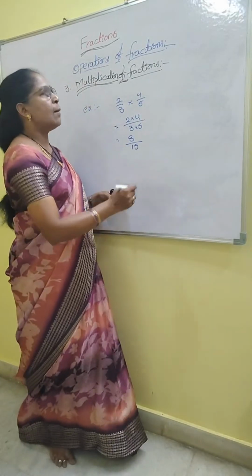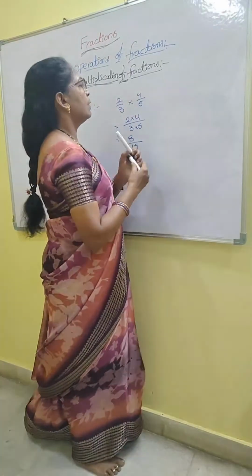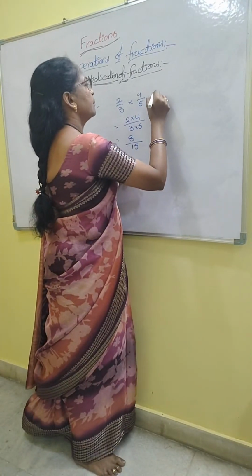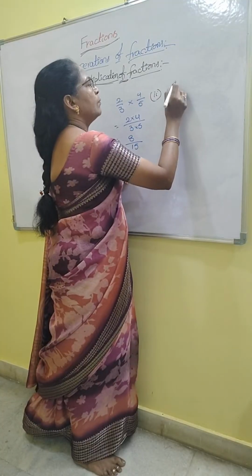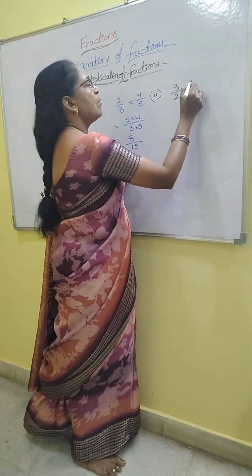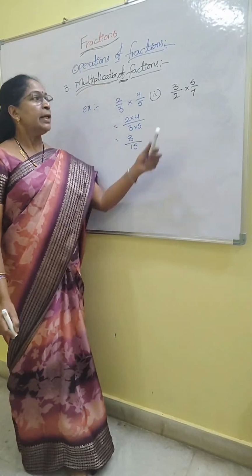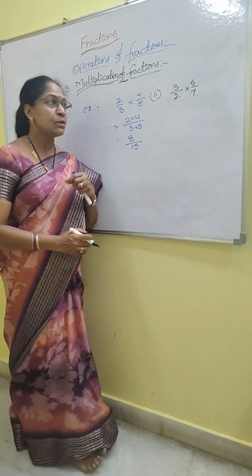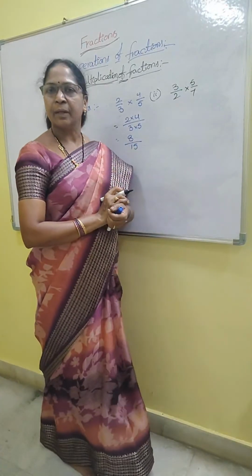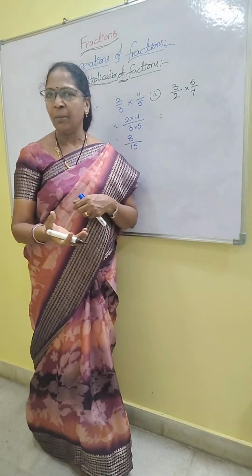Now one more example, the second one. See, 3/2 multiplication of 5/7. Now, what is the procedure? Which procedure do we have to follow?